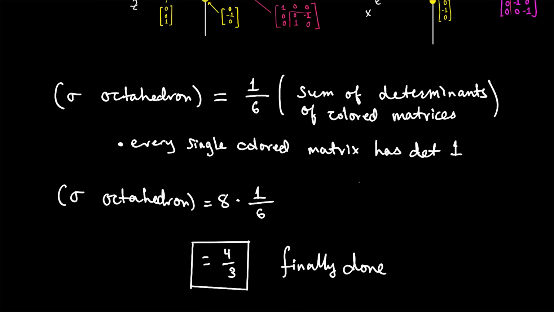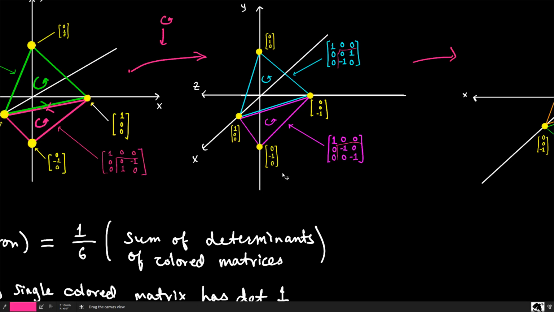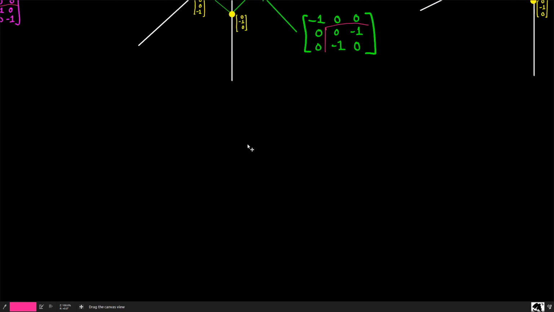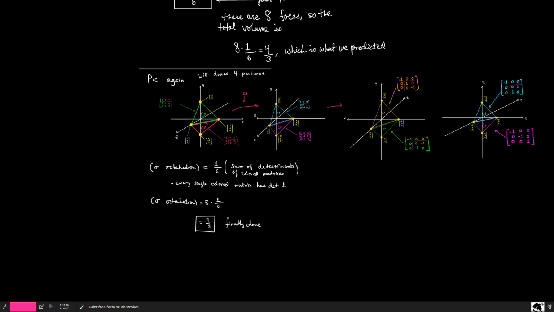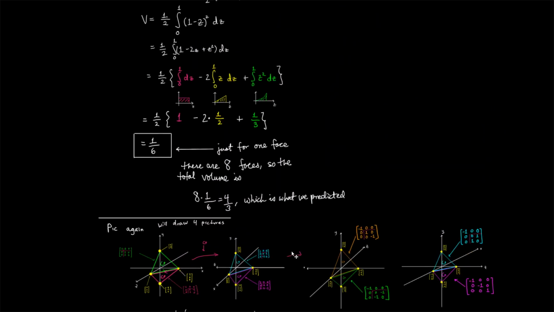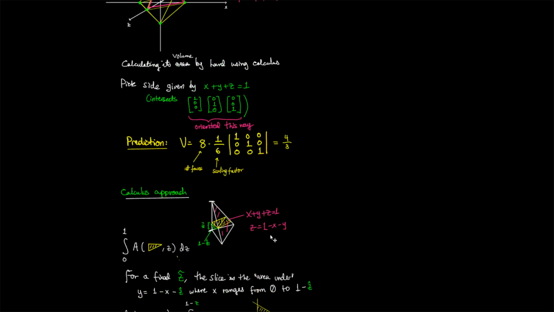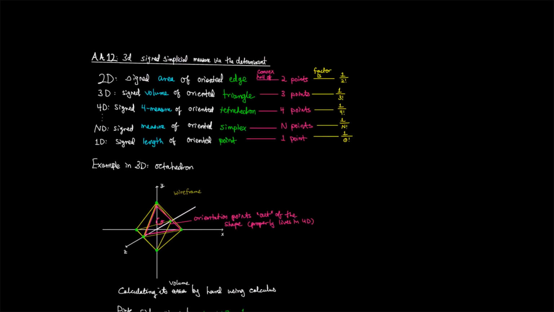There are 8 of them, so, 1, 2, 3, 4, 5, 6, 7, 8, so 8 times 1 times a sixth, which is 4/3, which was the answer we've had the whole time, but we finally are done. So this isn't a proof in general, but I just wanted to illustrate what's going on and maybe show you how this works.